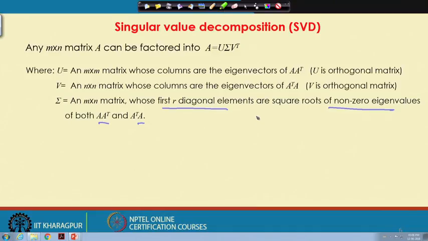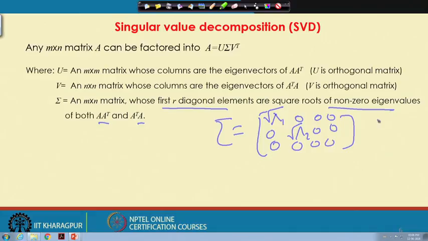So, rather we should write that sigma will have the form of root lambda 1 0 0 0, 0 root lambda 2 0 0, maybe 0 0 0 0, and lambda 1 and lambda 2 are eigenvalues of A A transpose or A transpose A. So, A A transpose and A transpose A essentially have the same non-zero eigenvalues, because one of them will have a larger dimension, however, there will be 0 eigenvalues corresponding to that dimension nevertheless.